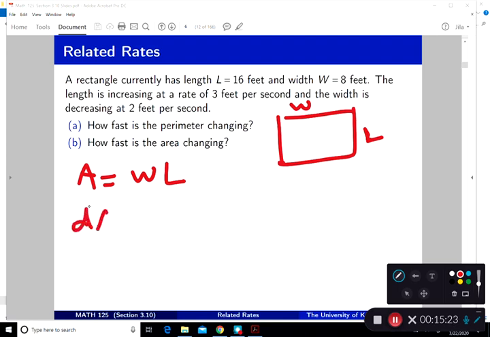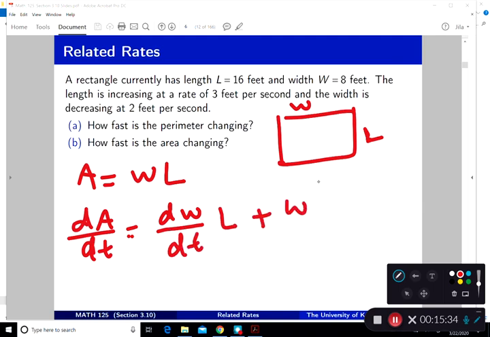Then when I take the derivative with respect to time, it would be a product rule: the derivative of the first one, again with respect to time, times L, plus the first one times the derivative of the second one with respect to time.